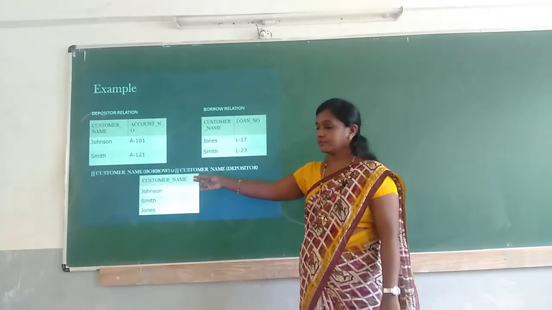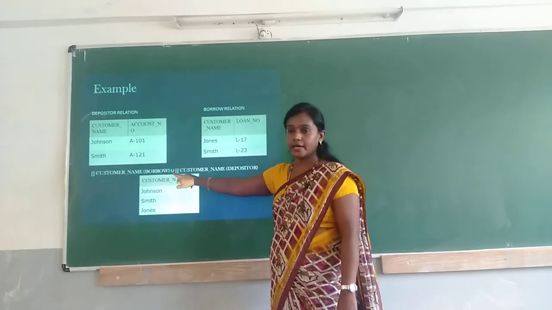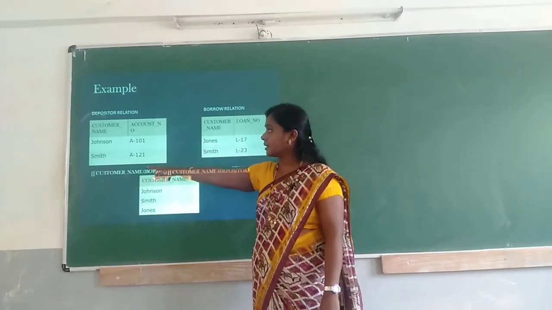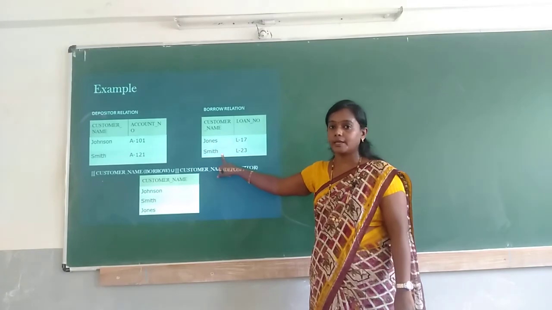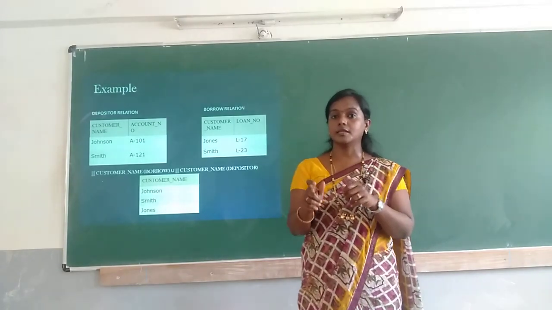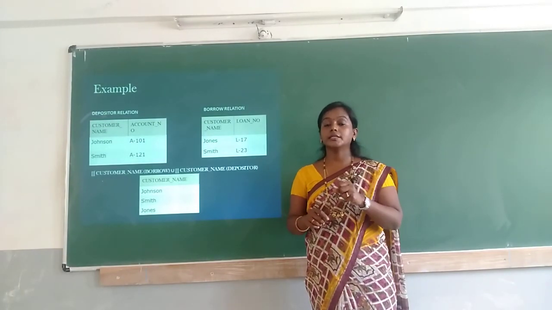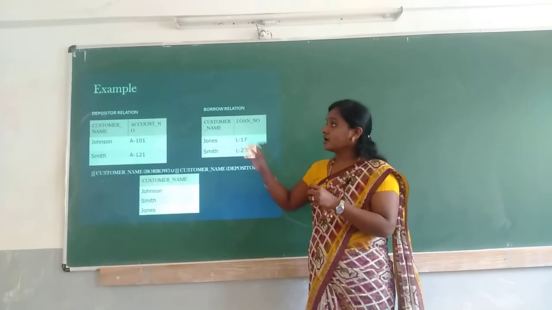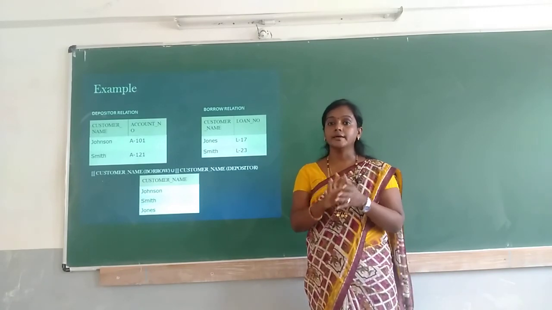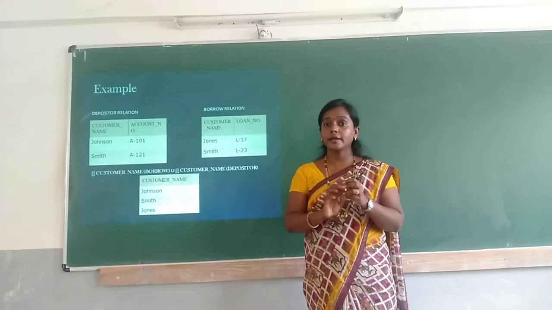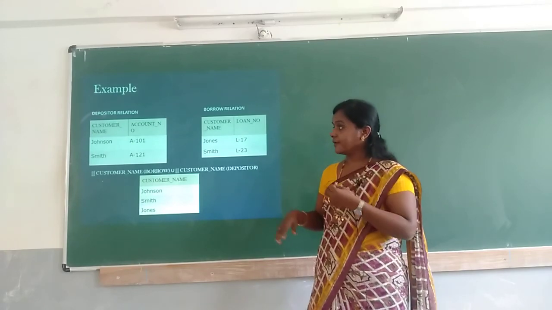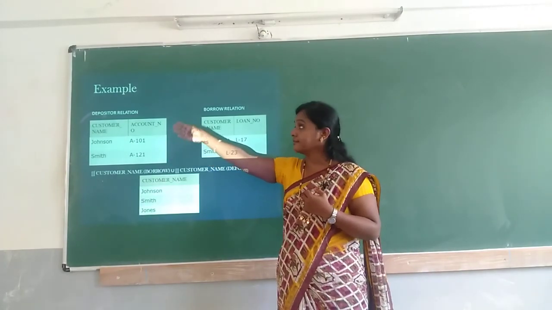Project the customer name from what? Borrower. Union project the customer name from the depositor. So from there we need the customer name, and from the borrower table also the customer name. So we are combining. What is the requirement here? We need the names of the customers in a bank. It may be a depositor, or a borrower, that means those who took a loan. So we just need the names of those who are making transactions with the bank. So for that we are selecting only customer name from that table.